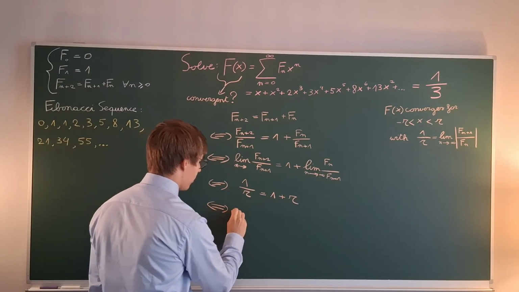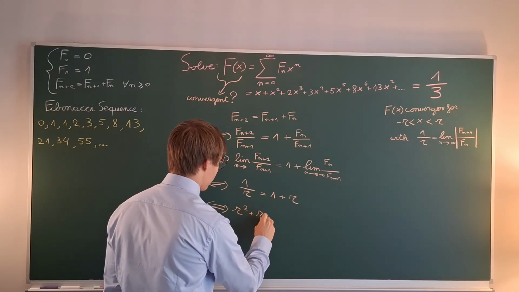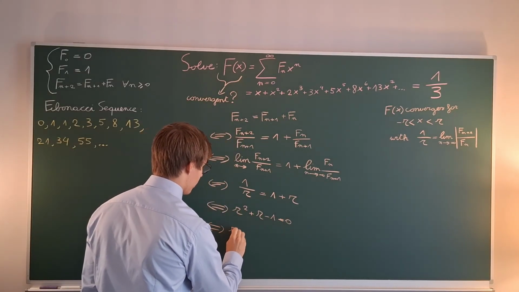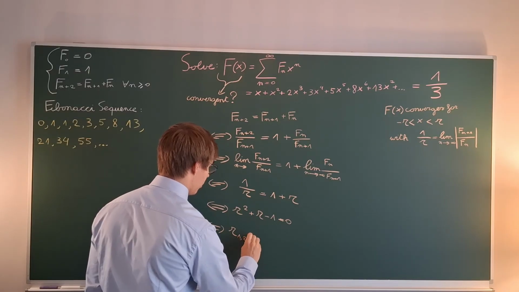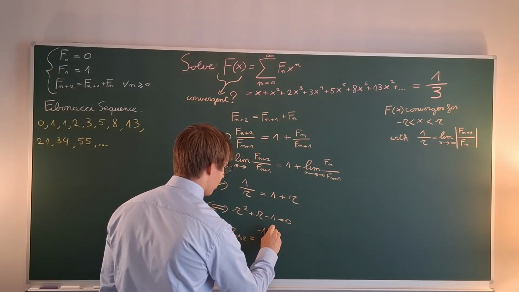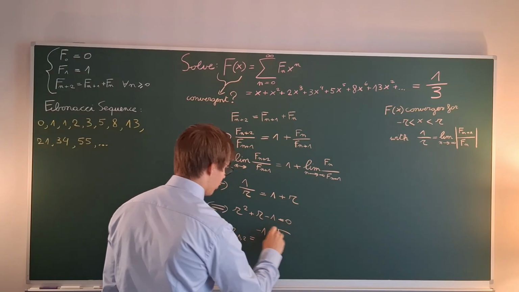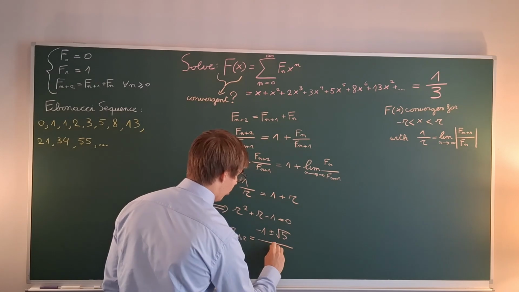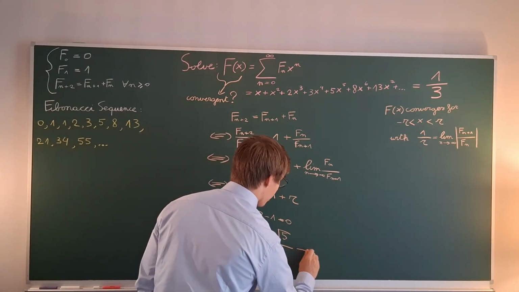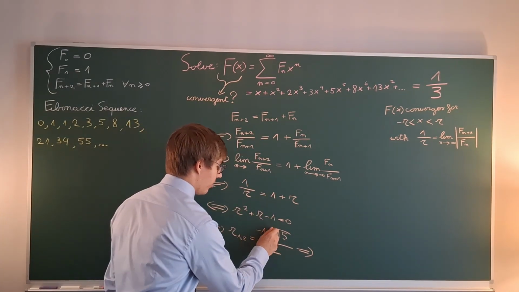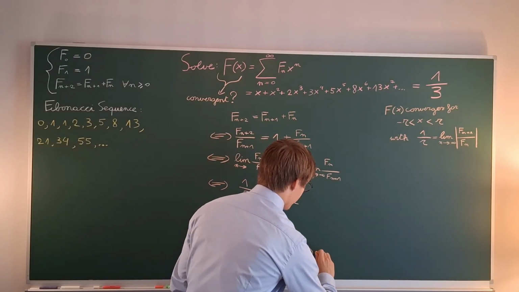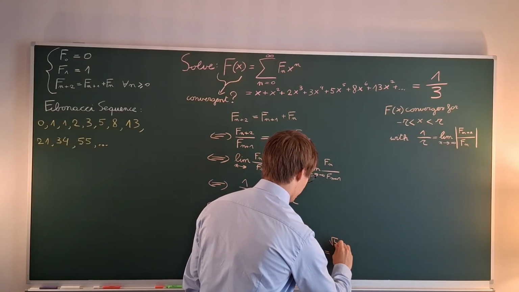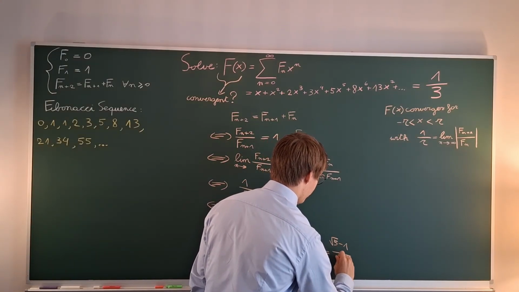This gives us that r squared plus r minus 1 is equal to 0, such that r1 and 2 are equal to minus 1 plus or minus the square root of b squared minus 4ac, which is 5, over 2. But since r is positive, we only need the plus value, so we get r is equal to (square root of 5 minus 1) over 2.